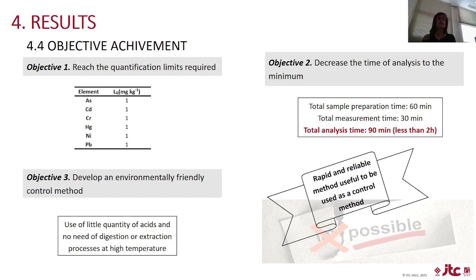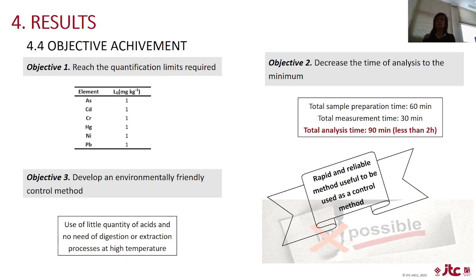To summarize, we can say that we have reached the 3 objectives of this research. The first one is to obtain a quantification limit low enough to be used as a control method for analyzing heavy metals in materials that have to be in contact with food.